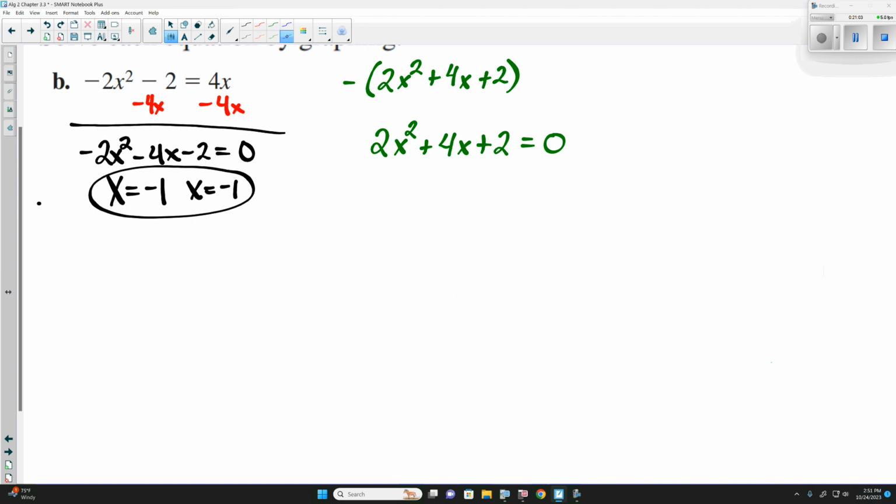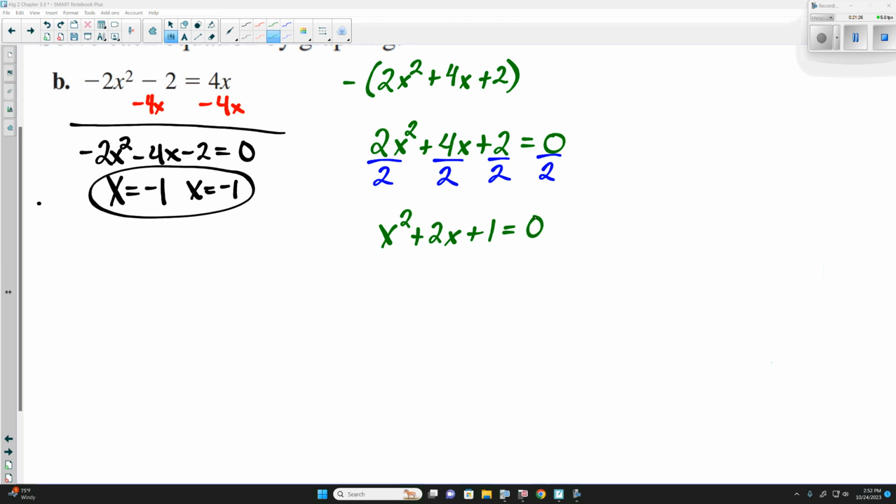We also said there's still a greatest common factor of 2, yes? By that same logic, it means I can divide everything by 2. So if I divide 2x squared plus 4x plus 2 by 2, I have x squared plus 2x plus 1, yes?